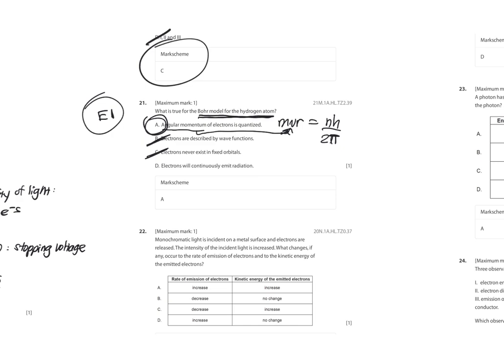I suppose that's true as they're accelerating, but that's not part of the Bohr model. So the Bohr model would be A, angular momentum is quantized. I think all of the statements are true, but A is the one that goes with the Bohr model. But this one's maybe a little bit moot because it's E1 anyway, not E2. It's still a good question.